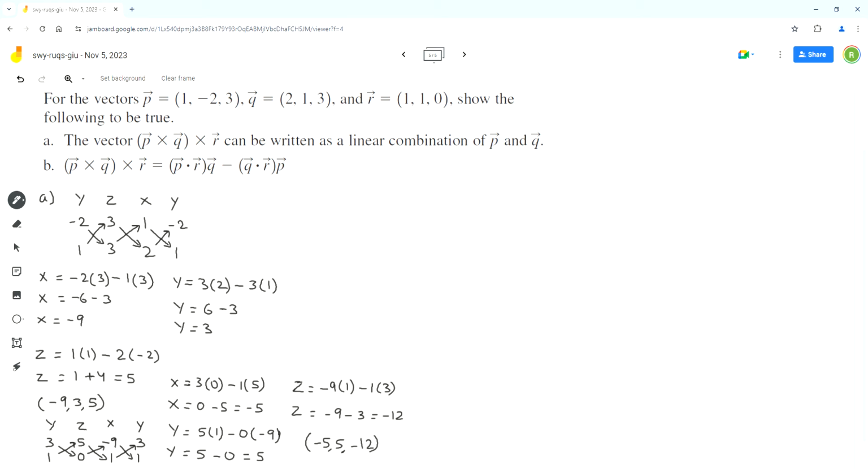Now we have to show that this vector can be written as a linear combination of vectors P and Q. So we'll have to write the linear combination equation.